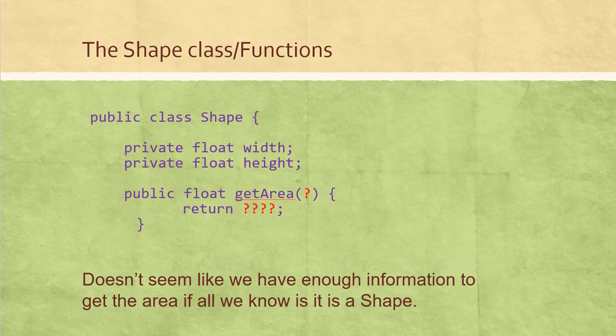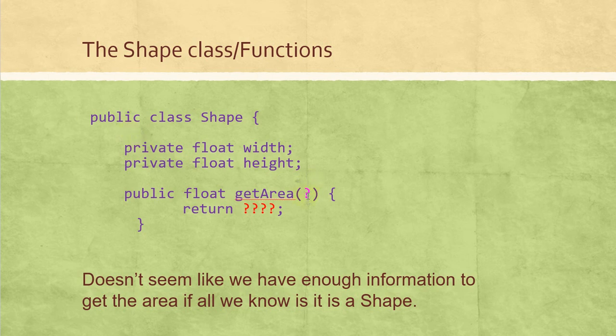We're not sure because shapes can be of several different types. It can be a rectangle, a triangle, a square. All these shapes have different areas. So we're not sure about its functionality and what type of input it will accept.